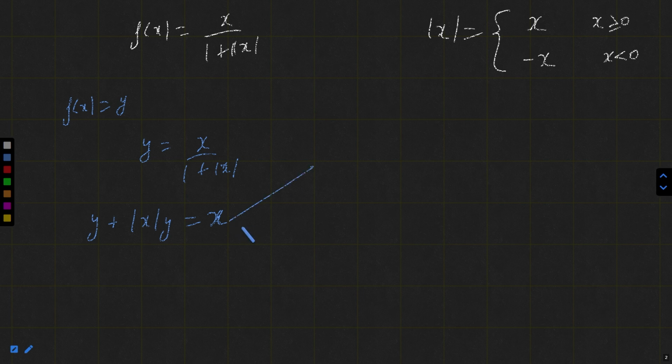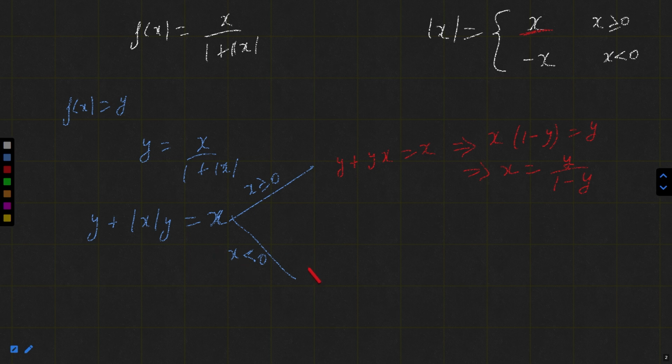Now we will be getting two cases. If x is greater than or equal to 0, then mod x will be x. So we will get y plus y times x is equal to x. Then you solve it, you will get x is equal to y by 1 minus y.